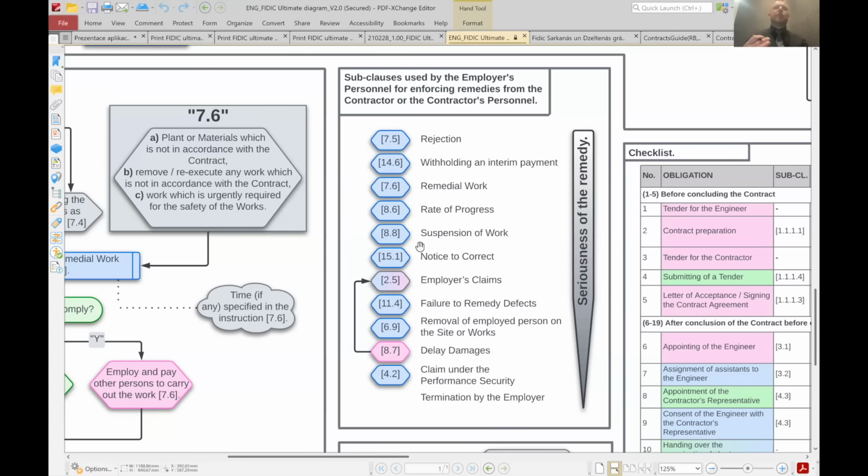For example, the contractor is not managing to uphold his safety procedures. Something is going wrong within the safety of the construction project. The engineer has the power to suspend the work until the safety protocols are upheld.